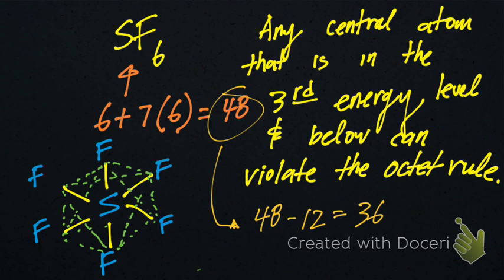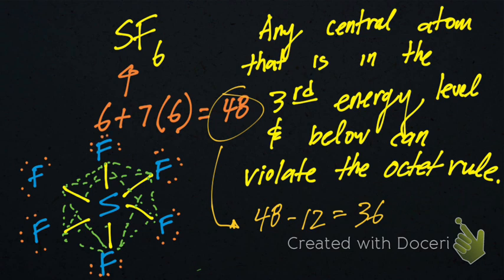How many does each fluorine still want? It wants 8 total, right? It has 2, so you're going to put 6 more on each one: 2 here, 2 here, and 2 here. There are 6 fluorines, so that's 6 times 6, that's 36. Isn't that perfect? That's exactly how much we have left.